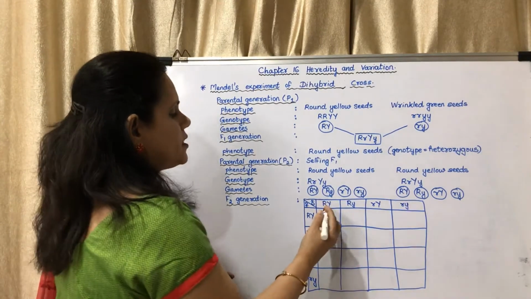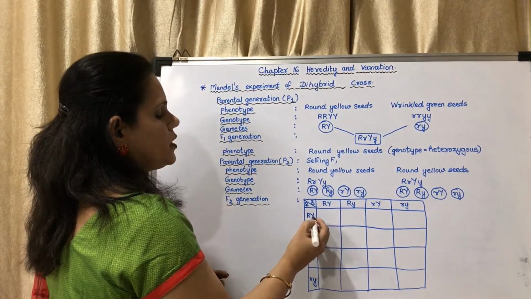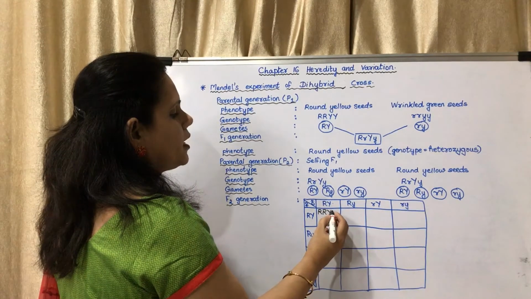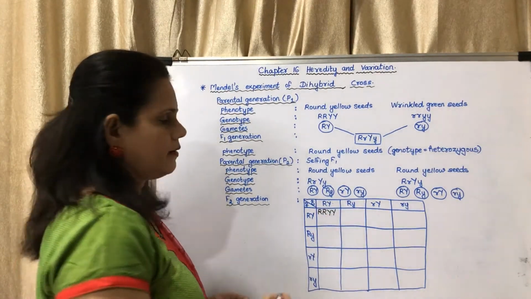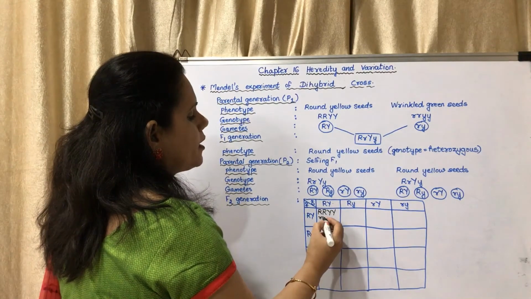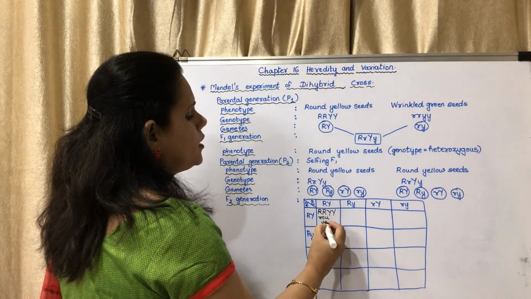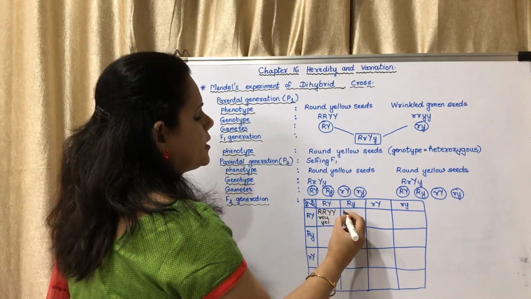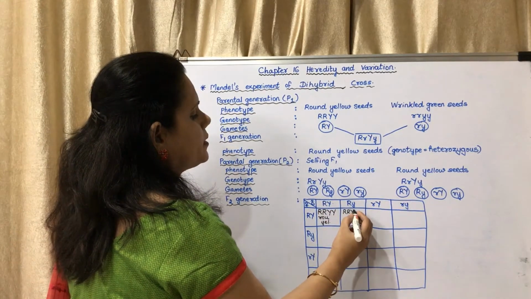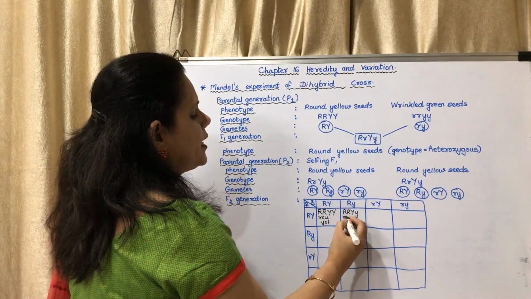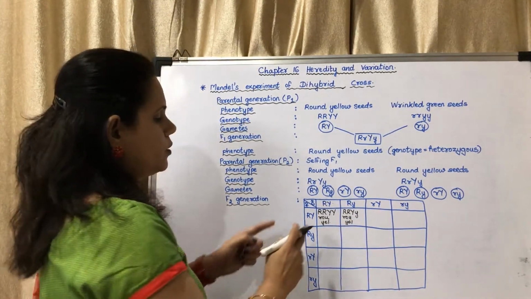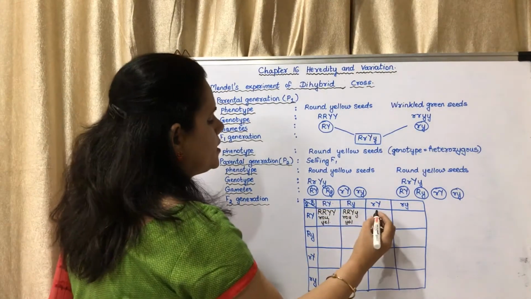So if this male gamete fuses with this female gamete, you will get capital R, capital Y, which will compulsorily be round yellow. In this case, you will get capital R, capital Y, small y. That also will be round yellow. You have to make combinations of these.